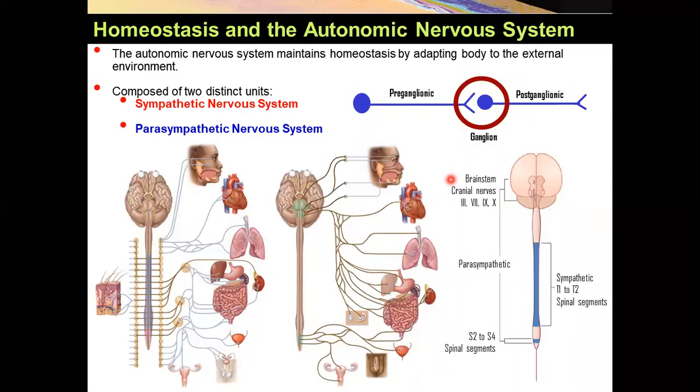Now, the autonomic nervous system. We talked about the somatic and autonomic nervous systems, and we compared them somewhat. Now, let's talk about the autonomic nervous system itself.